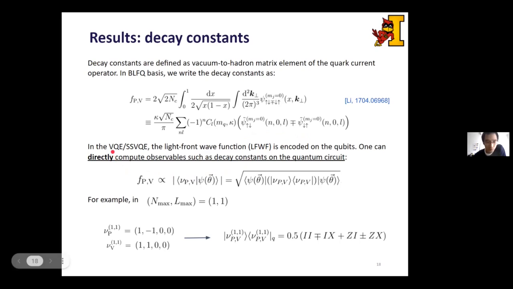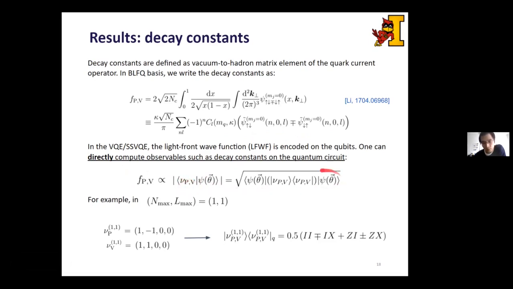So in the VQE or SSVQE, the light-front wave function is basically directly represented on the qubits. So we can compute these observables directly on the circuit as well. So it's proportional to the final state of the circuit after the unitary evolution, and basically dotted with the a vector.